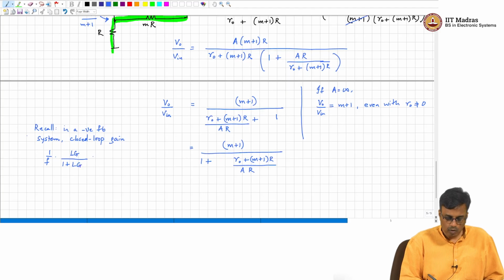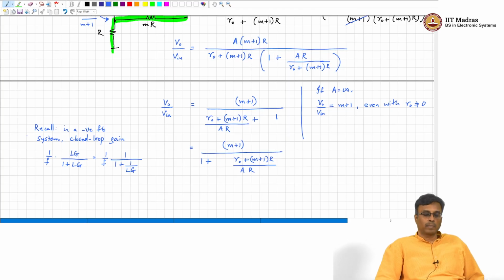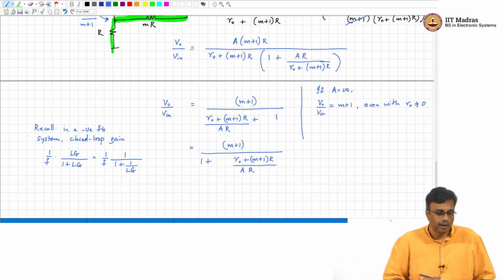Okay. So basically which is the same as 1 over the feedback factor times 1 over 1 plus 1 over loop gain.